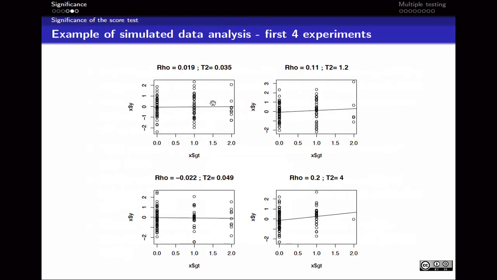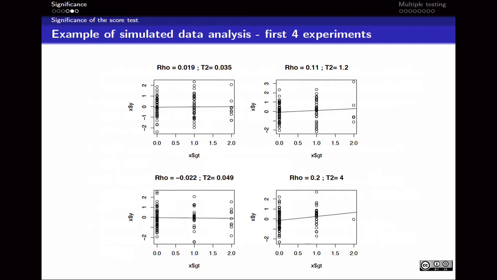So I have 100 of these dots, and then I test if there is a linear association between the genotype and the phenotype. I compute the coefficient of correlation, and in this data set it is 0.019, so it's really small. But again, in my simulations I assume the null hypothesis, so there is no association there.